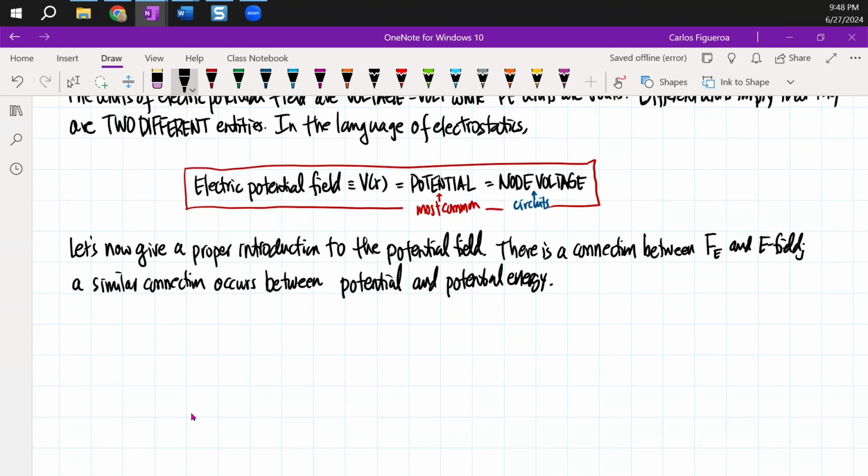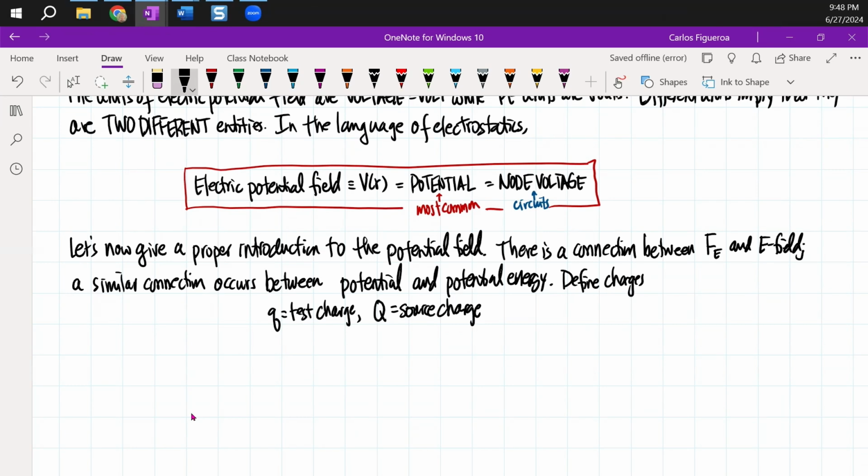So just for the sake of making things clear, define charges little q as the test charge, and then big Q as the source charge.